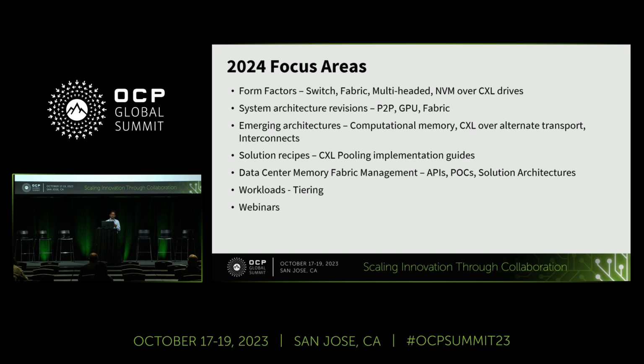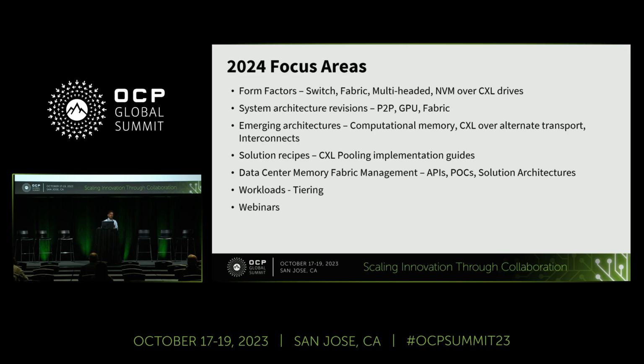We will bring in the GPU focus as well. We started with server-based memory expansion as the initial target, but the goal is to bring in the GPU element. There is also P2P, peer-to-peer computing that we need to look into, and then fabric, AI fabric, as well as the memory fabric. We need to look at that. So computational memory is a big focus area.